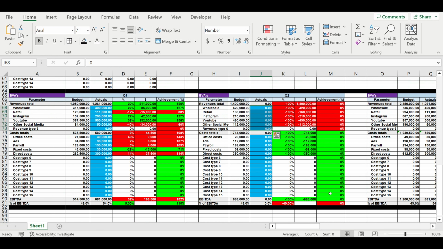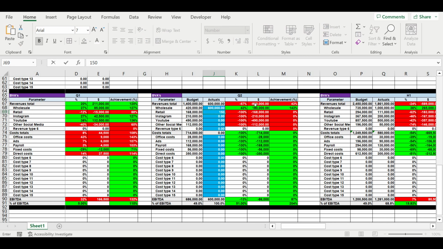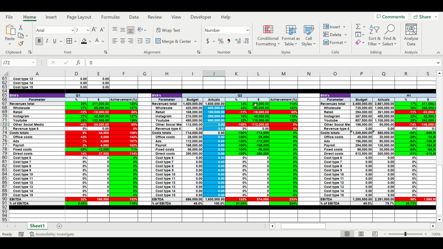Let's specify data for Q2 to calculate H1, for example. For Q2 we will have 600 for wholesale, 150 for retail. Instagram will be a quarter of $1,000,000. YouTube will be like this. For other social media will be 400, for example. Then we move to expenses.